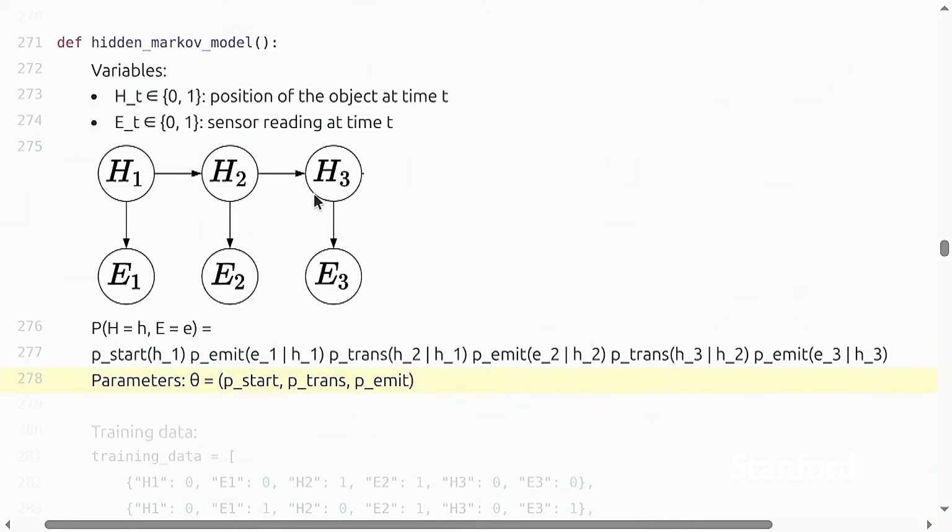But this distribution and this distribution are the same, right? Because of parameter sharing, I only have one p trans here. So this is the same distribution that I'm using twice here. And similarly for the emission, this should be p emit, this is p emit, this is p emit.